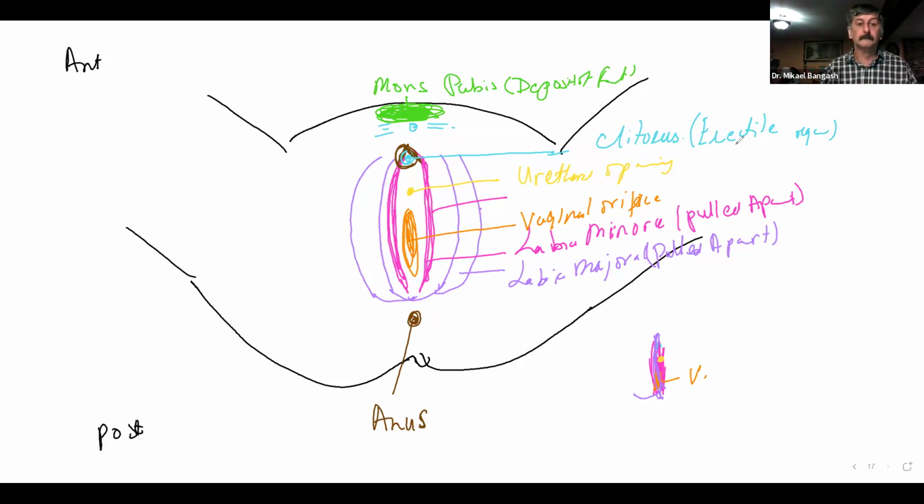Okay. Did you guys get that? Meaning the labia minora that covers the clitoris is equal to the tissues that cover the penis by circling around it.